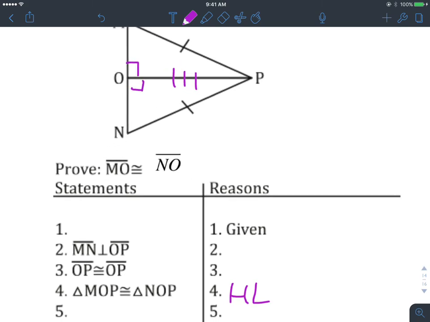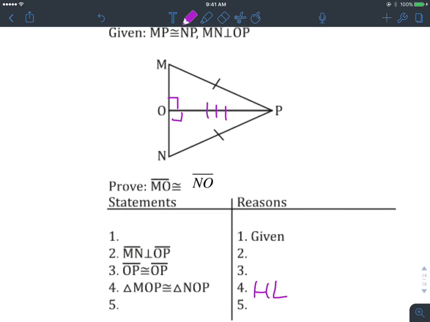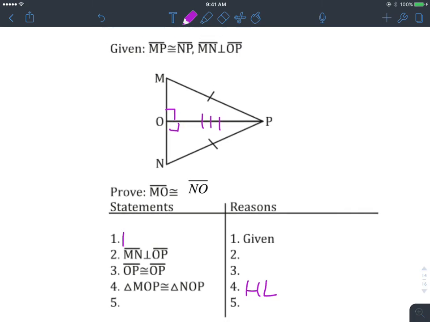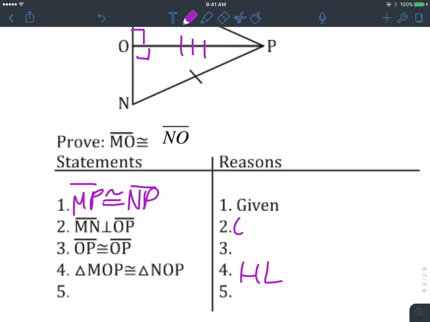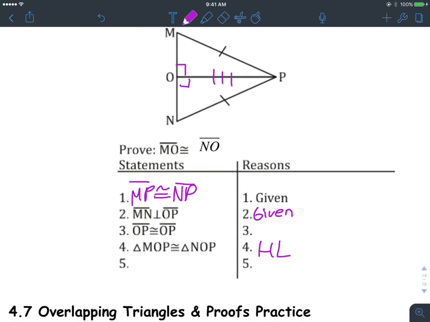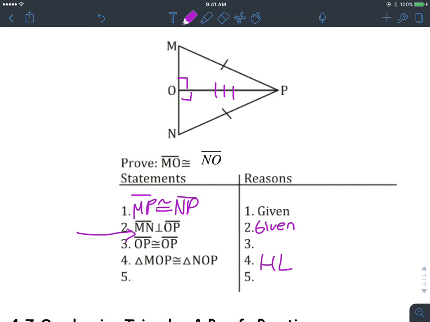Okay, let's go fill out everything they gave us here. So, what did they say? MP is congruent to NP. That was given. MN was perpendicular. That was also given. Since that happens, I think they're missing another step here. I think they need to say something about the angles being right angles, and then the right angles are always congruent.